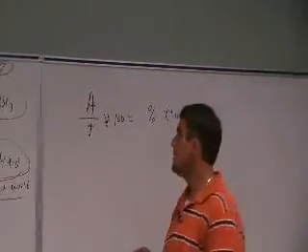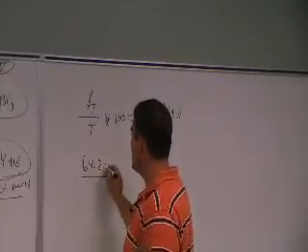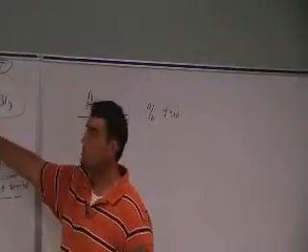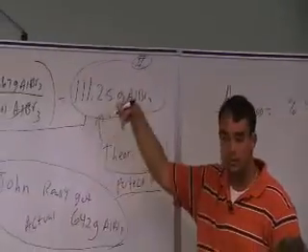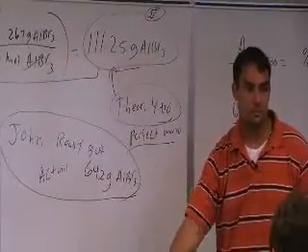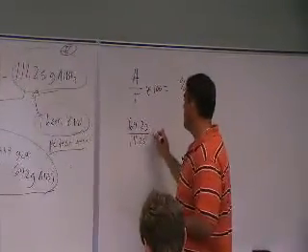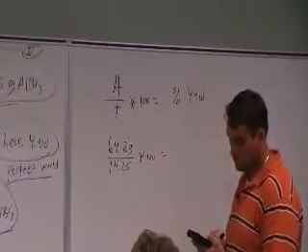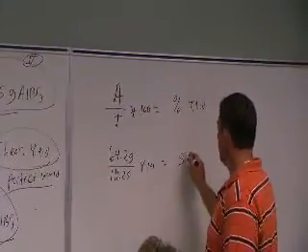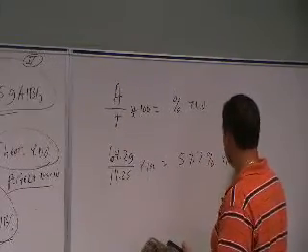Okay. So what did John actually get? 64.2. Now is that expected? Look at what he should have got, 111, right? So I would expect that number to be lower. All right. 111.25 times 100. 57.7% yield.